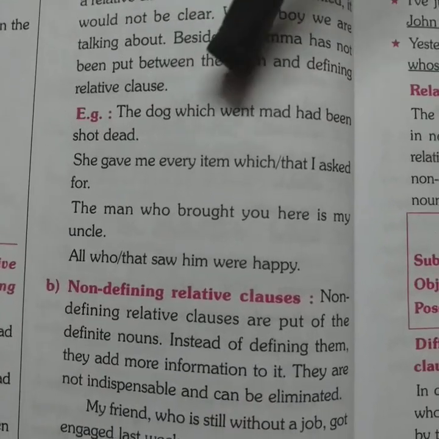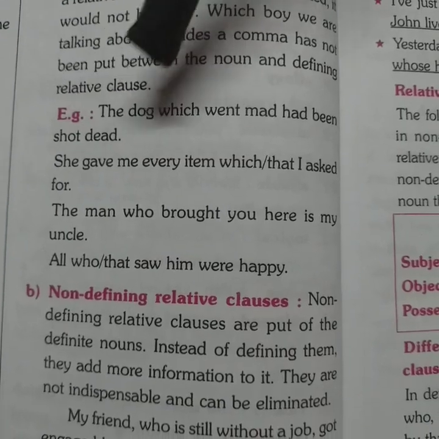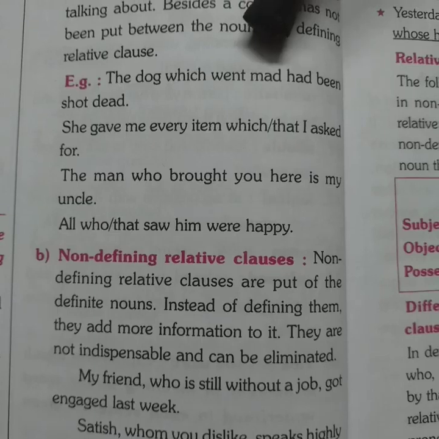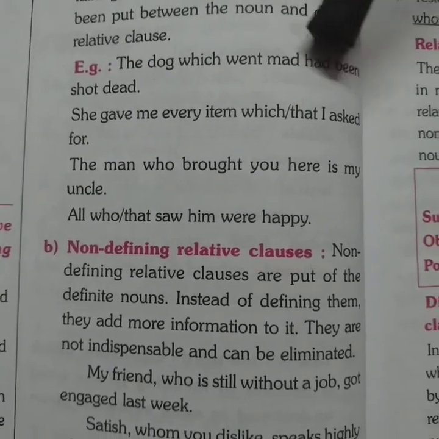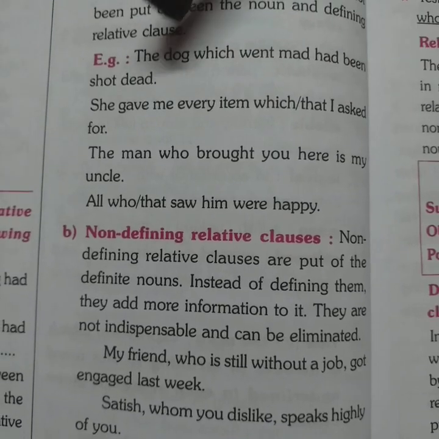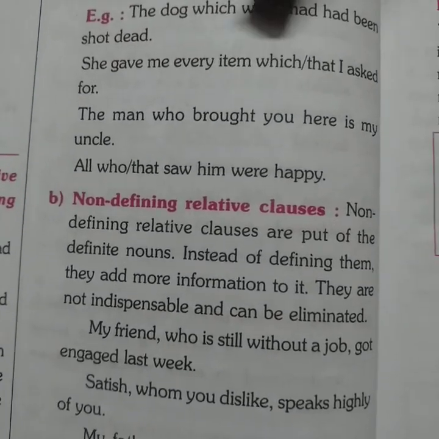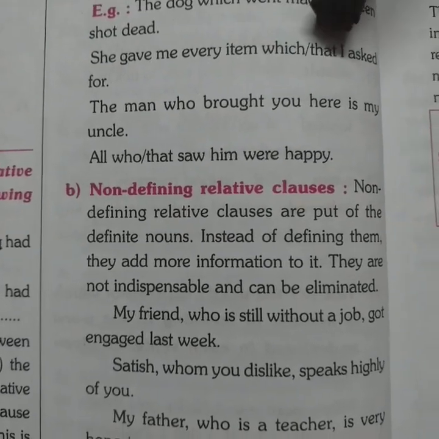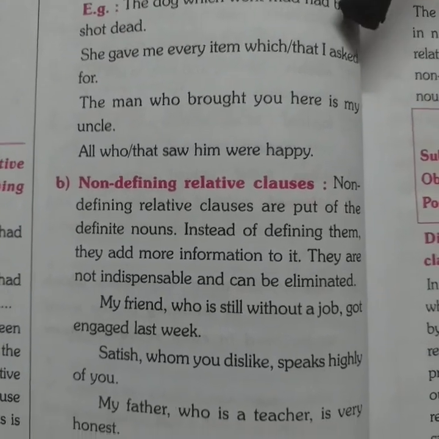The dog which went mad had been shot dead. There are many dogs, so one particular dog which went mad had been shot dead. Here also in this sentence, no punctuation, no commas, no hyphens. Next example: she gave me every item which, or that, I asked for. Here also no punctuation.